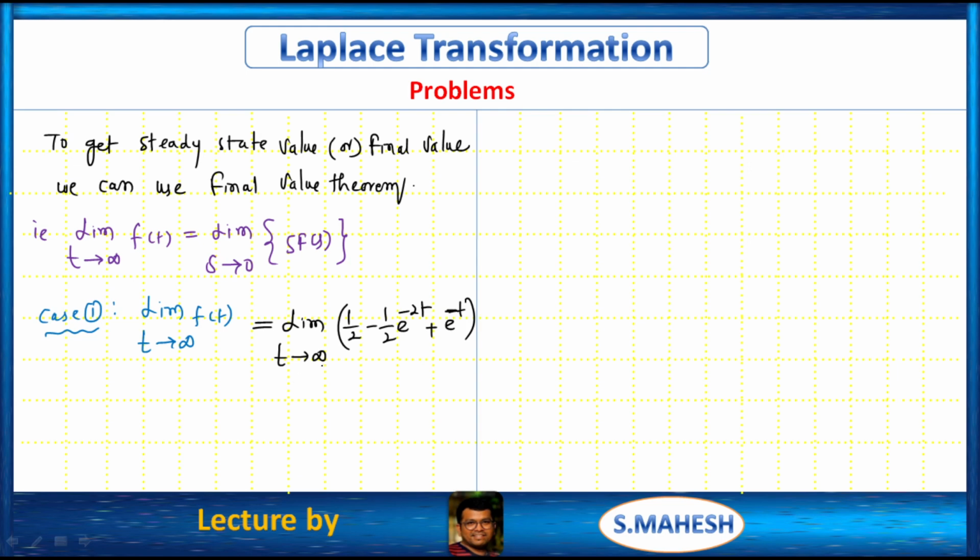We all know that as t tends to infinity, obviously e power minus infinity should be equal to 0, right? E power minus infinity is nothing but 0. That is 1 by 2 minus e power minus infinity by 2, like that, which is equal to 1 by 2.